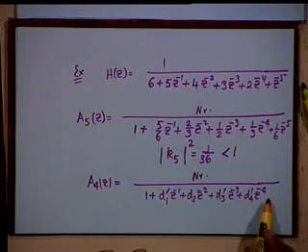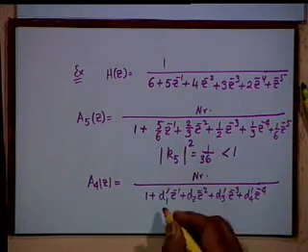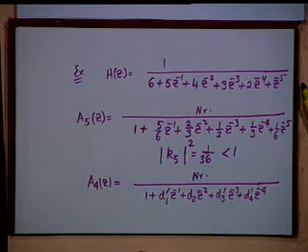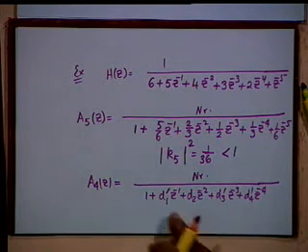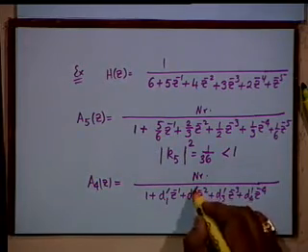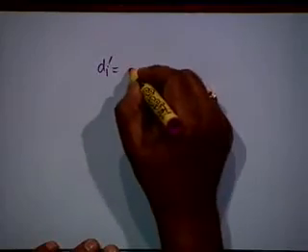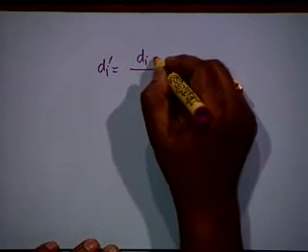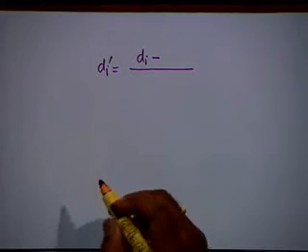Now here our interest is only d_4 prime, but to find d_4 prime you have to go through finding all of them. Agree? Because the next one shall require the values of d_1 prime, d_2 prime and so on and so forth. So we use the formula d_i prime is equal to d_i minus d_m. What is d_m here?